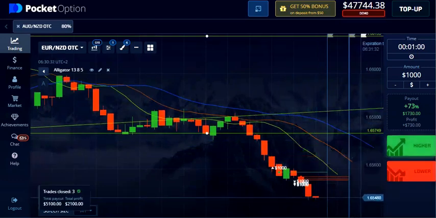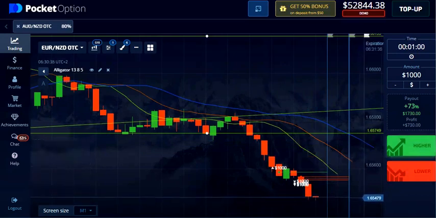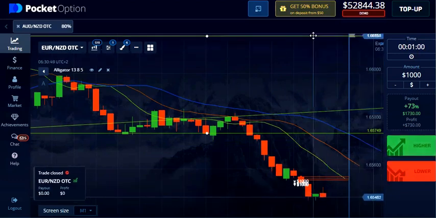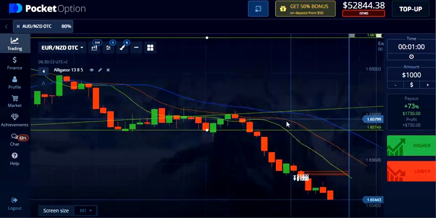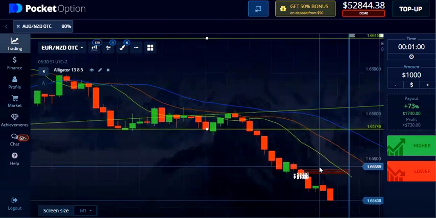When you see the difference between the lines, that's the difference between your wallet balance and your life.